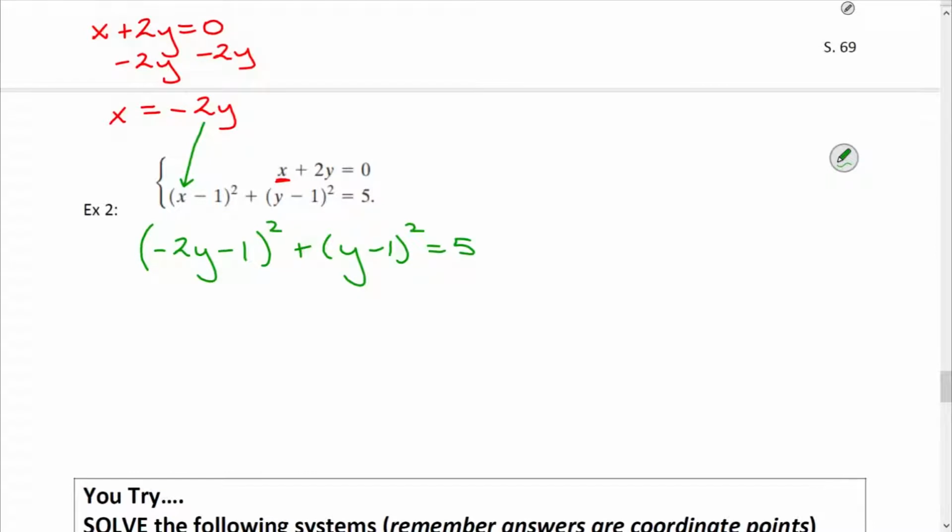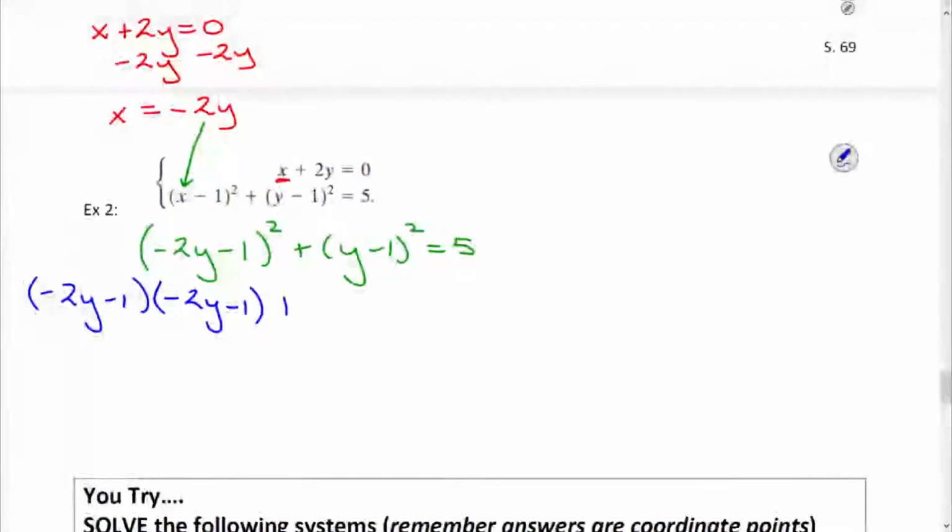Now the next thing that we'll do is think through what it means to square something. To square something means multiply it by itself. So I will square both of these binomials by writing it as negative 2y minus 1 times negative 2y minus 1. And to square y minus 1, I get y minus 1 times y minus 1 equals 5.